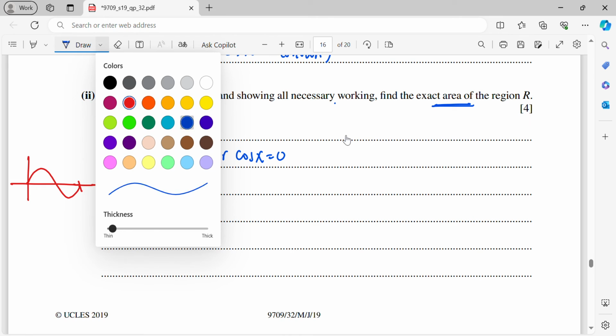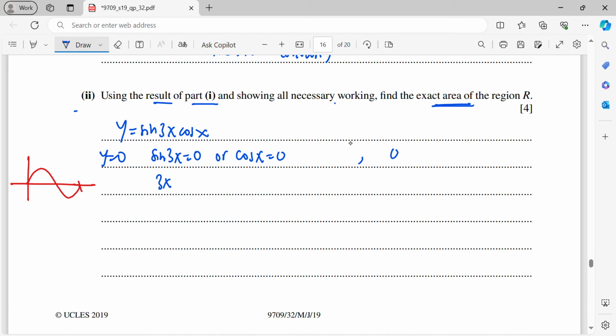So from here I will write x from 0 to half pi, that means 3x will be from 0 to 3 over 2 pi.